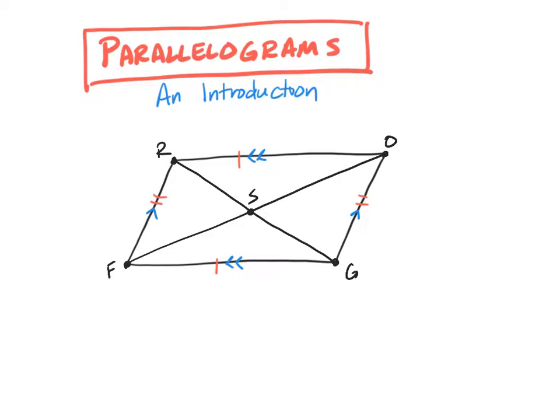So that leads us to some ideas here. For example, if this FR is 10, that means OG must be 10. By the same token, let's call this 25, FG. RO must be 25.